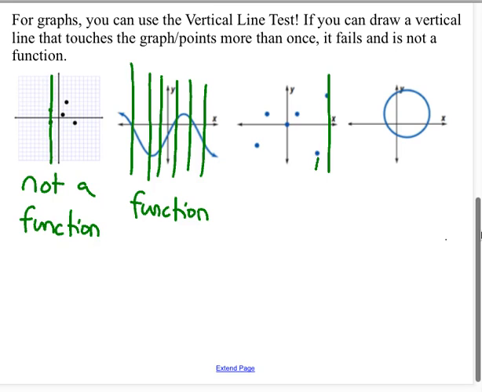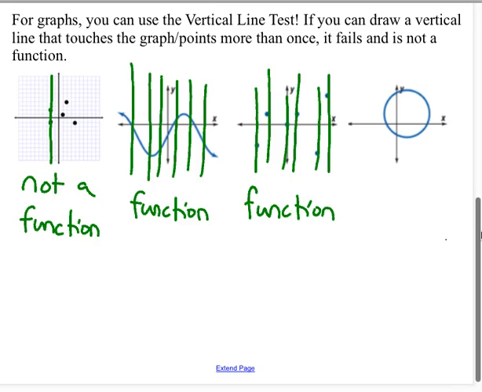Here, if I draw vertical lines, notice no matter where I put them, it's only touching each point once. Okay, so this is also going to be a function. Then this one, when I draw my vertical line here, it's touching twice. So again, this is that red flag that comes up. This one is failing our test. This one is not a function.